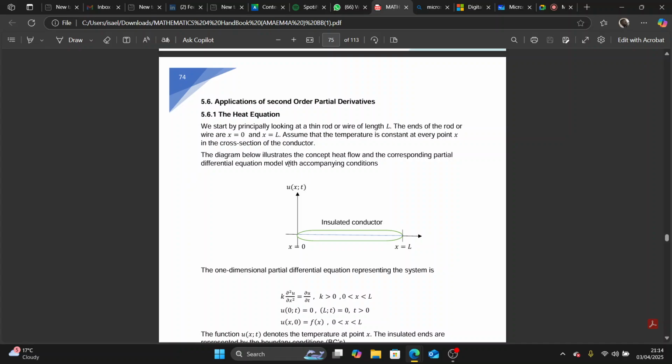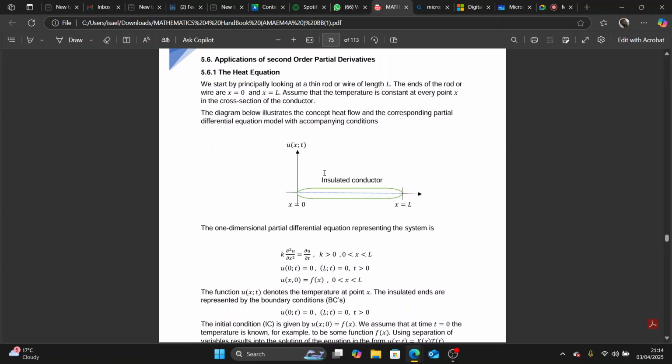Now they say the diagram below illustrates the concept of heat flow and the corresponding partial differential equation model with accompanying conditions. This is a function of u, x, and t. Why do you think you have two variables, x and t? Remember this statement: temperature is constant at every x.